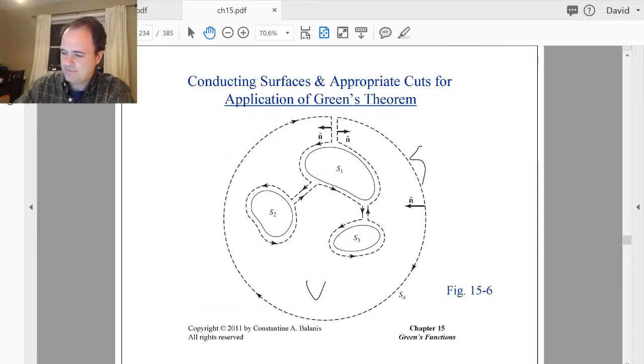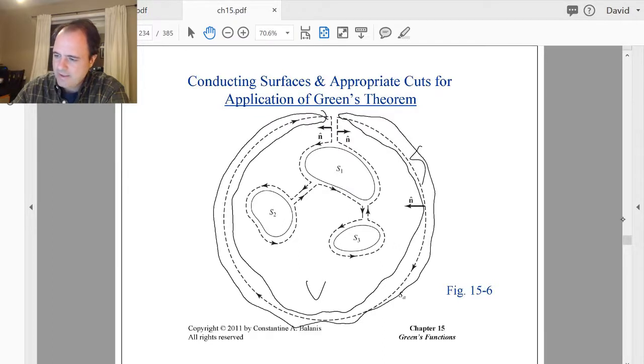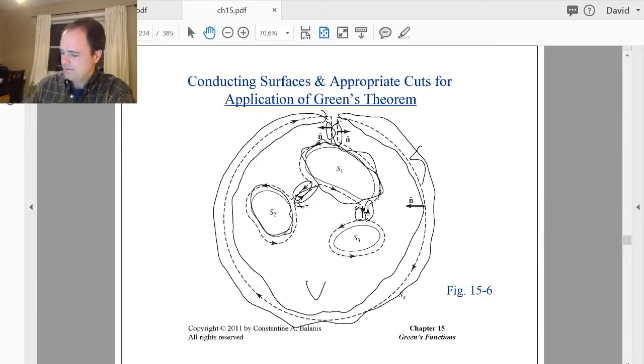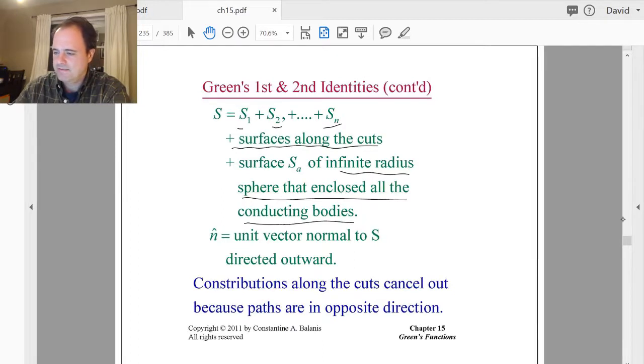So this volume here is enclosed by this S, that goes out to infinity, and then the S's around the objects, like this one here, and this one here. All right, so those are all the different types of S's. The S_n's right here, along the cuts, and along the infinite radius sphere that encloses all the bodies. And n is the unit vector normal to S directed outwards.